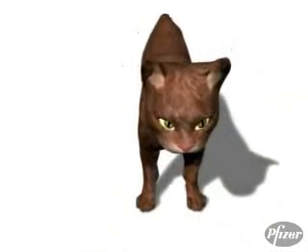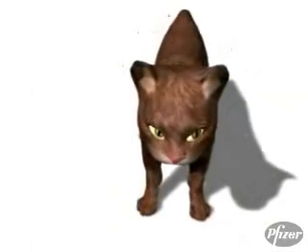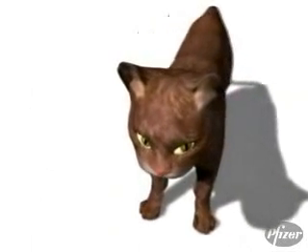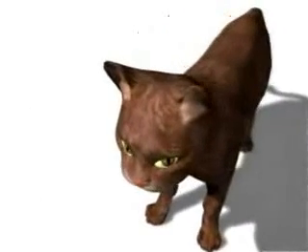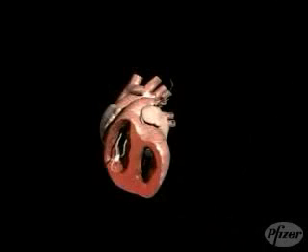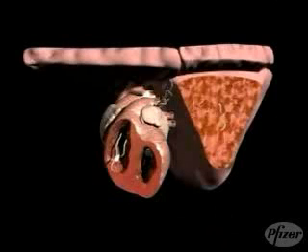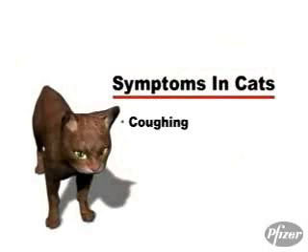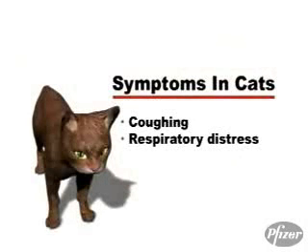Because cats are resistant but susceptible hosts to heartworms, feline heartworm disease is more difficult to diagnose. In cats, heartworms are less likely to be present in the right ventricle of the heart. They are more commonly found in the pulmonary arteries of the lung. Cats often present with signs of coughing, respiratory distress, or vomiting.